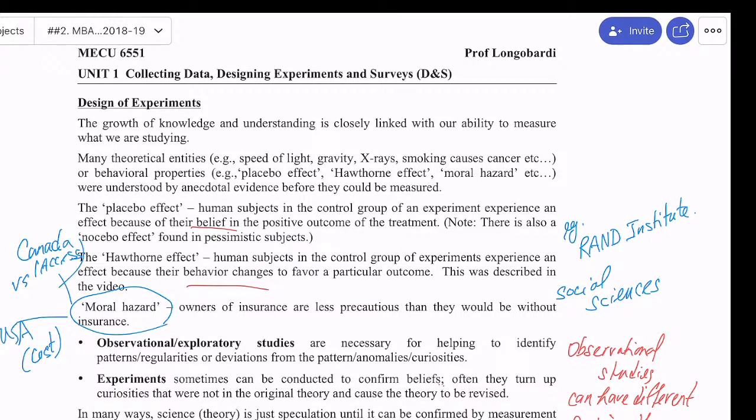Anyway, I don't want to get into that too much, but the point is, it's hard to study that. But it's still something that any kind of research has to be aware of: behavior changes in the subjects that will affect the outcomes.